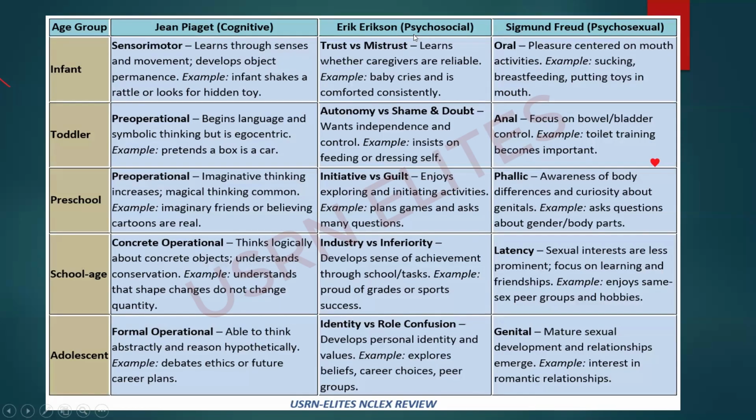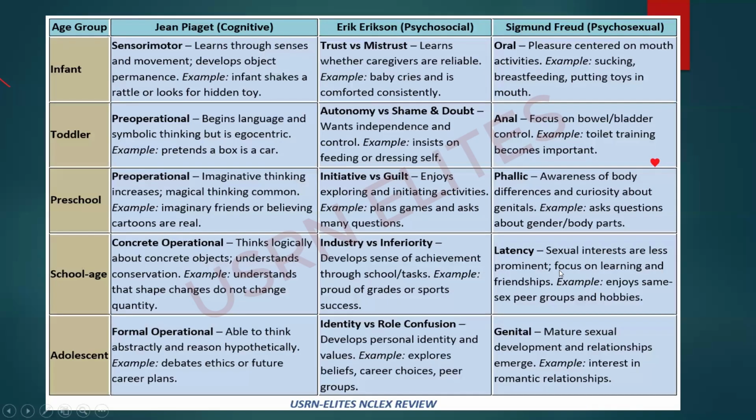Let me use pee or poo. That would be very simple. Then that is an issue. A 4 or 5 year old child who cannot tell you when he or she needs to pee or poo, that is a problem. That's a developmental delay. Okay. So those are some of the things we are talking about.